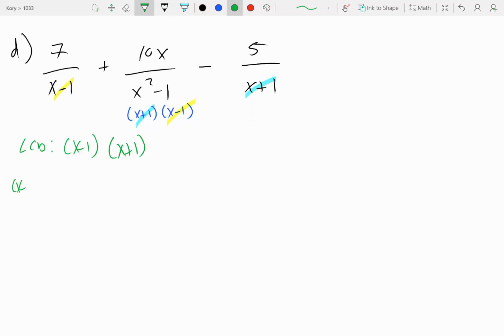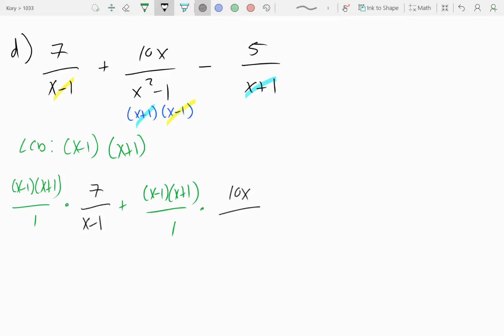So we have (x minus 1)(x plus 1) over 1 times 7 over x minus 1, plus (x minus 1)(x plus 1) over 1 times 10x over (x plus 1)(x minus 1).